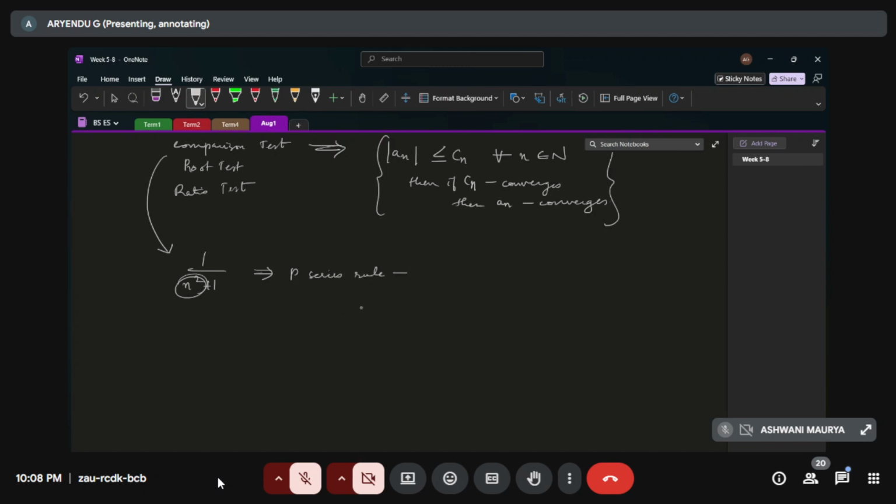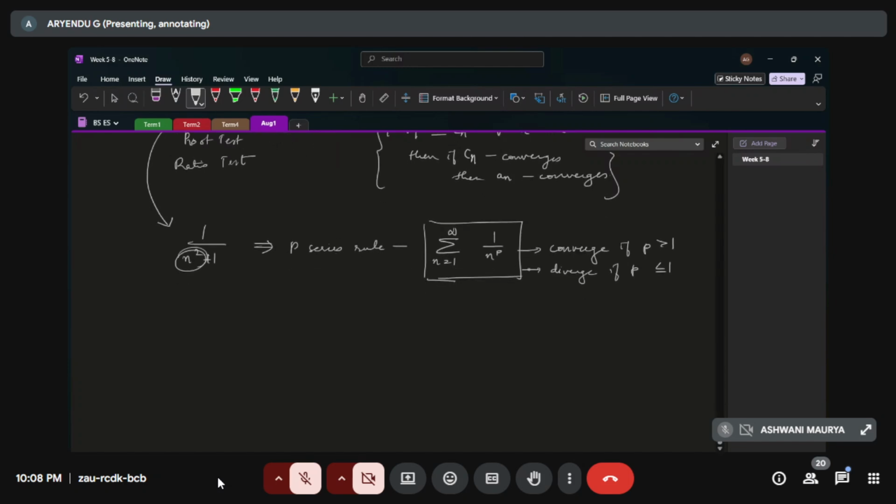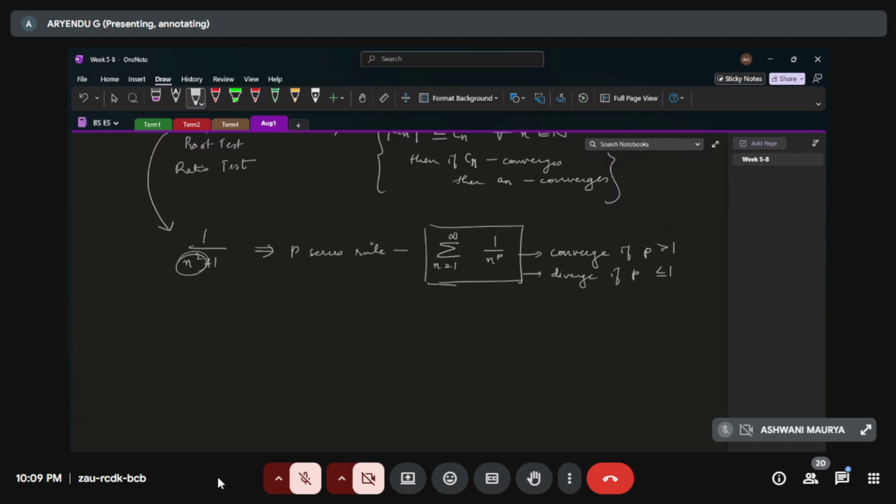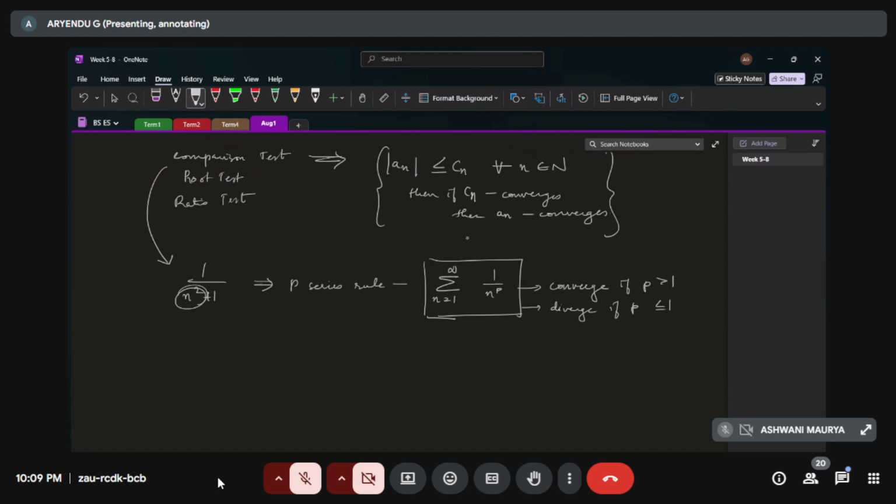Any sequence of the form sigma n is equal to 1 to infinity 1 by n raised to p will surely converge if p is greater than 1, and it will surely diverge if p is less than or equal to 1. If we can remember this rule, we can use it to find a suitable c_n in order to implement the comparison test.